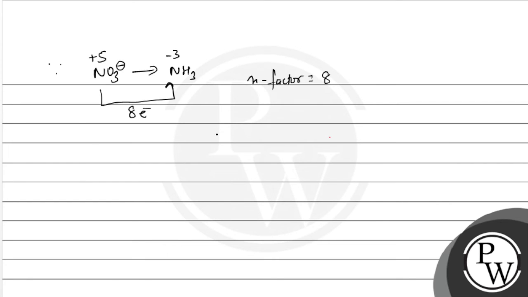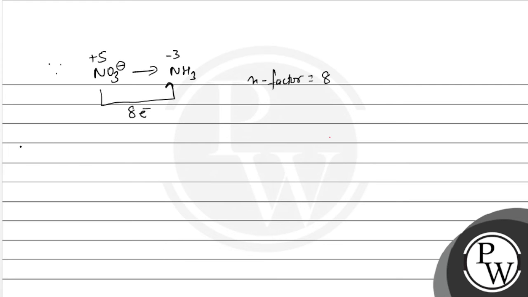Now since for this reaction NO3 negative is getting converted to ammonia, the oxidation number change would be +5 to -3, that is 8 electrons are being gained here, so the N factor for the reaction would be equal to 8.